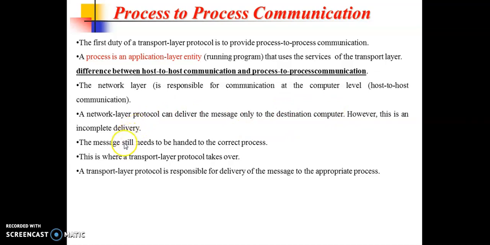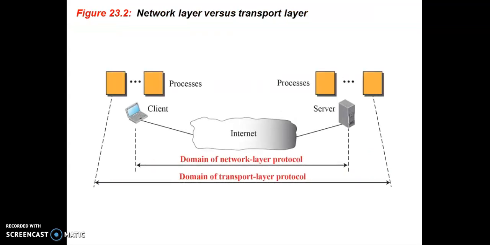The message still needs to be handed to the correct process. This is where the transport layer protocol takes over. The transport layer protocol is responsible for delivery of the message to the appropriate process. This is the network layer versus the transport layer. This is the client and this is the server.